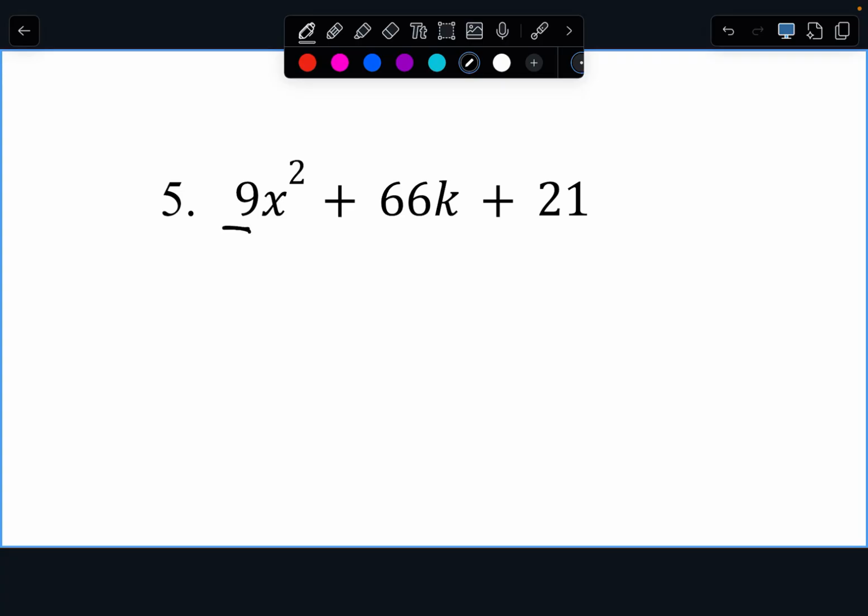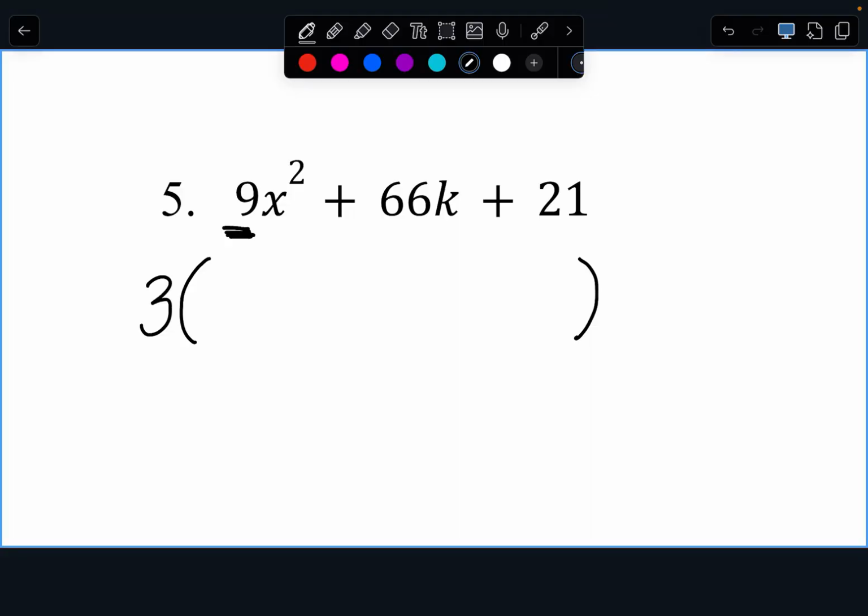Because there's a number in front, we're going to have to multiply the first and last terms. But the very first thing I want you to look at is if they have anything in common for all 3. 3 goes into them all.